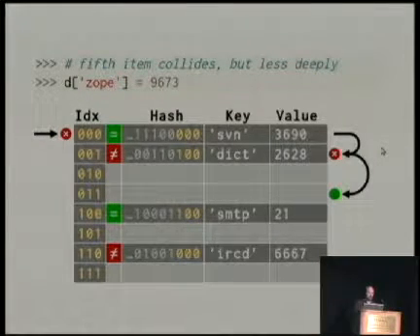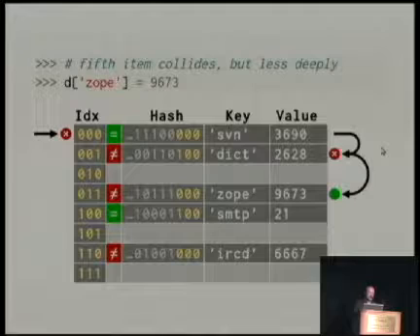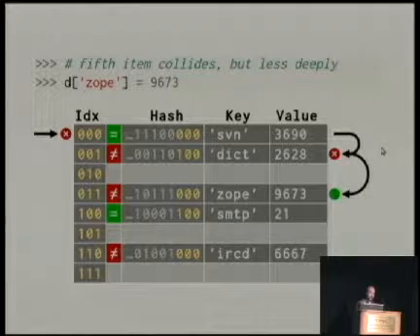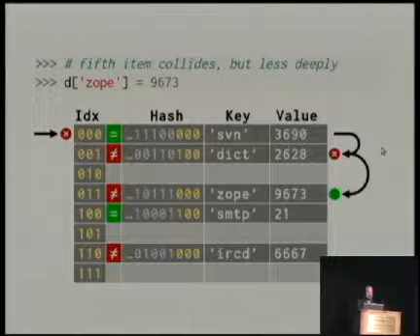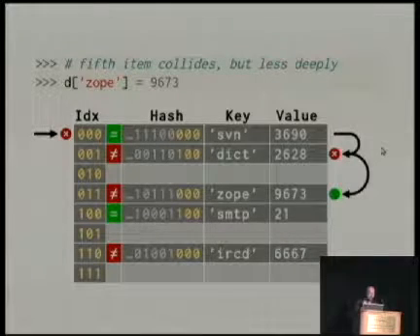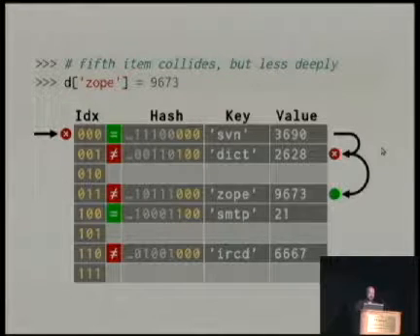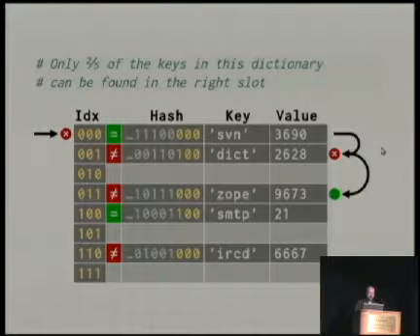If we now, just for fun, add the port number of ZOP in last, it wants to occupy, again, 000, try 001, and because its upper bits are a bit different, its third try is different than IRCD's was. That's why it's so good to use those upper bits to throw a little randomness into that search for a backup location. So it winds up in 011 rather than going down the same path that IRCD did. So it gets in on only the 3rd step, only the 3rd place that it tries.